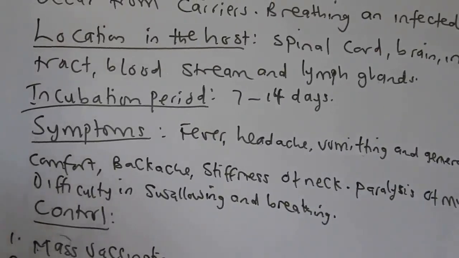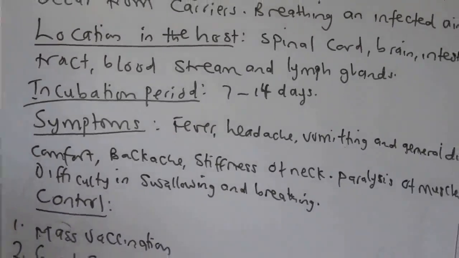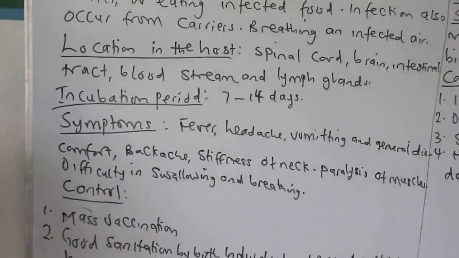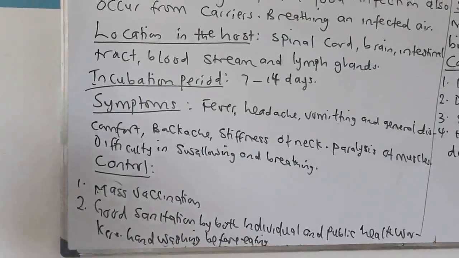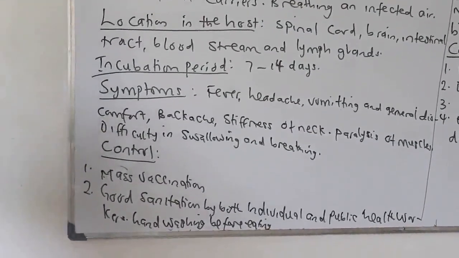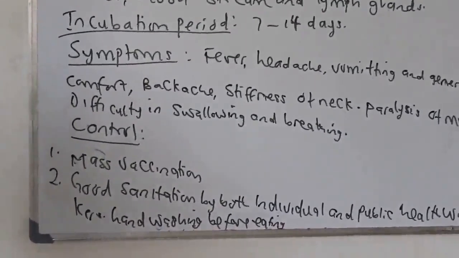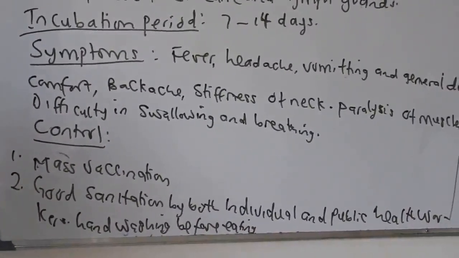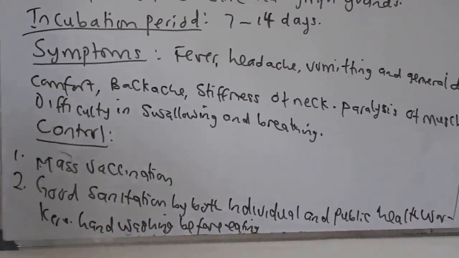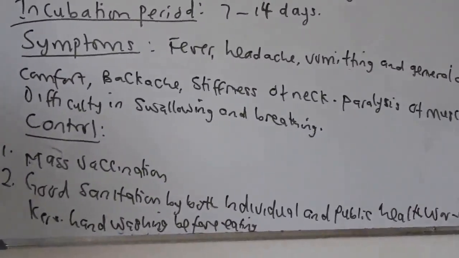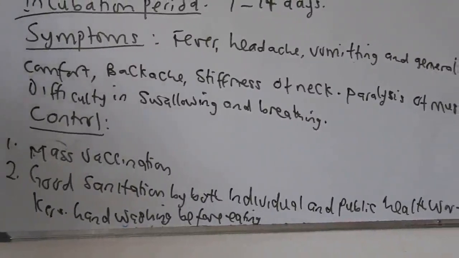Then how do we control this poliomyelitis virus? That takes us to the control. The first one is mass vaccination. Nowadays you see health workers going out at intervals of time to give children vaccines against poliomyelitis. It's one of the vaccines that infants and young children are administered during their vaccination. And then we also have good sanitation by both individual and public health workers.